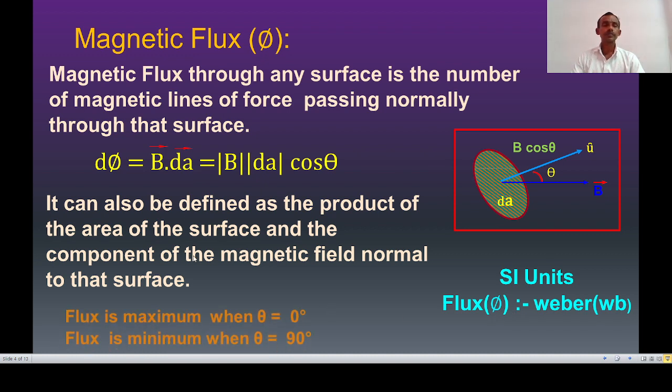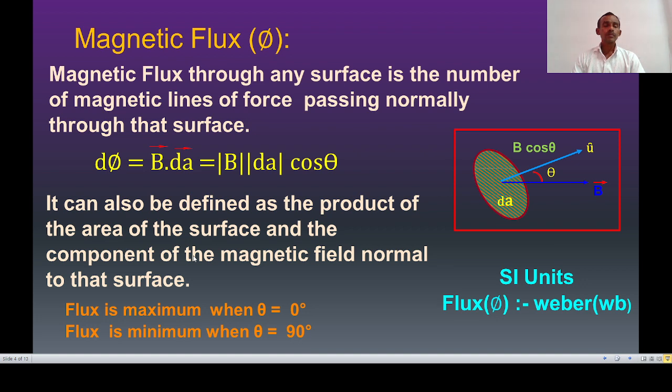Now, flux will be maximum when theta is equal to 0. Theta is the angle between the area vector and the magnetic field. When theta is equal to 0, the area vector is in the direction of the magnetic field.